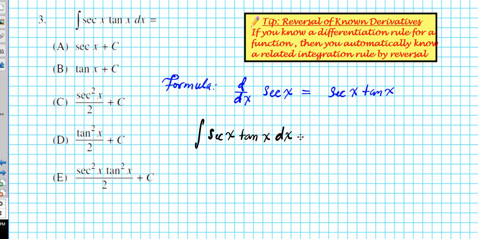So when we integrate secant x tan x, this is a known derivative. By simply reversing this differentiation rule up here, we are going to end up with secant x plus c. Answer is option letter A.